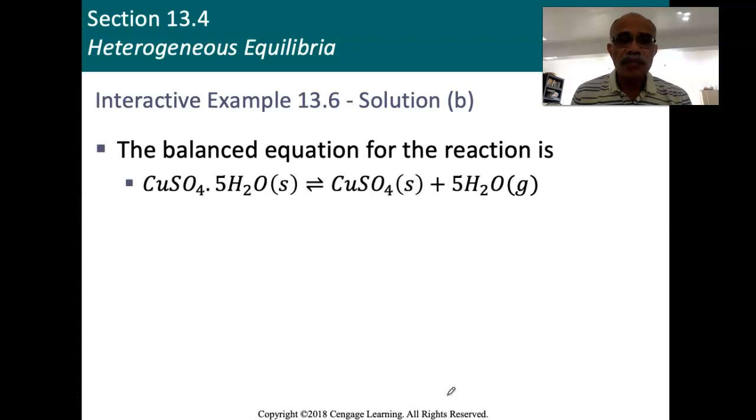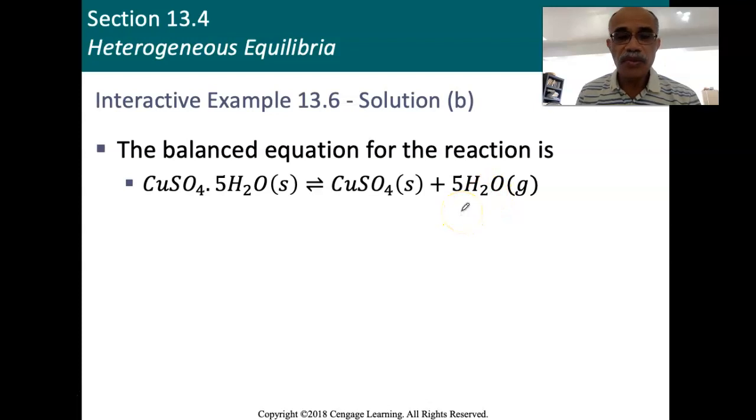So another example here, if you have copper sulfate pentahydrate solid, that decomposes to copper sulfate anhydrous solid and 5 water molecules. You notice there that these are solids and this one is a gas.